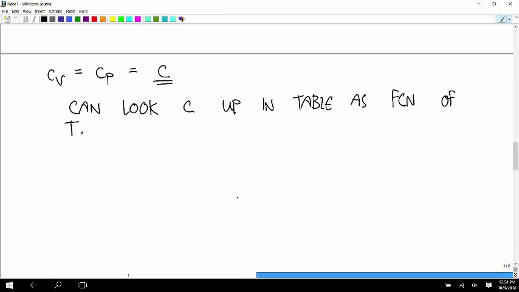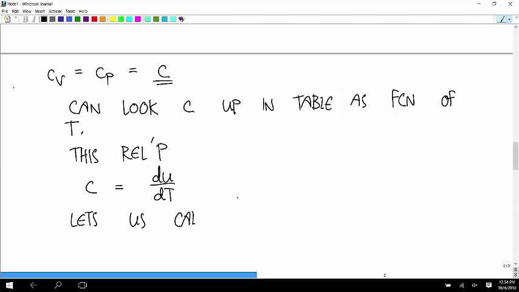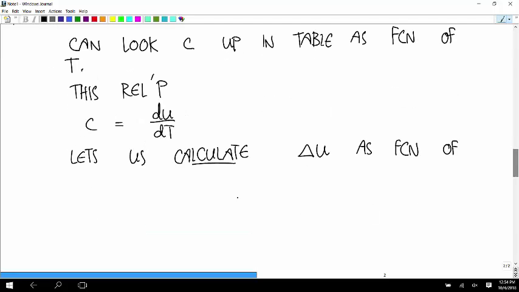So what's the point of this? This relationship, C is equal to the total derivative of U with respect to temperature, lets us calculate the change in specific internal energy as a function of temperature given just a value for the specific heat.